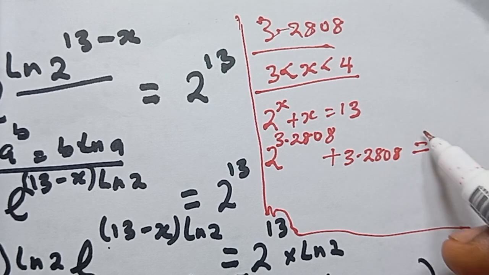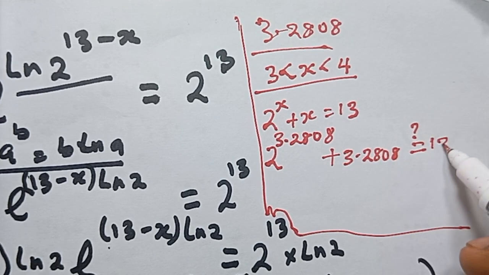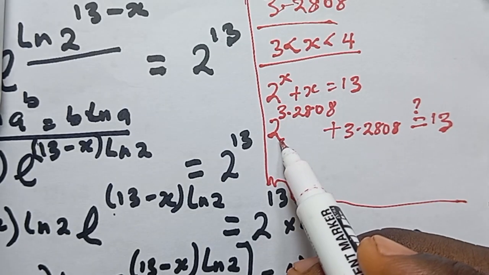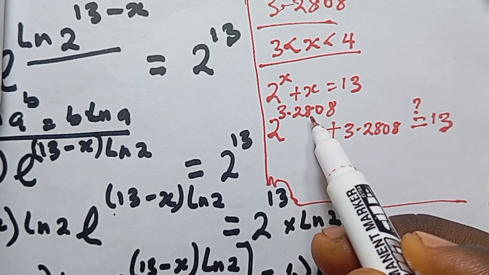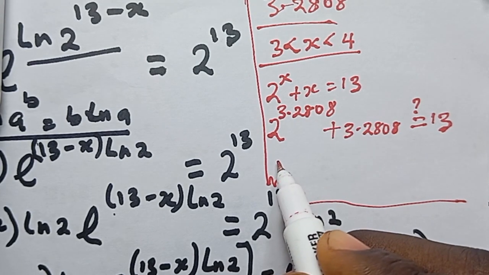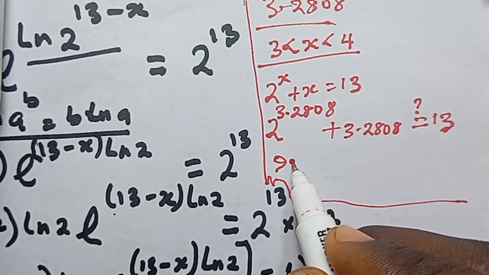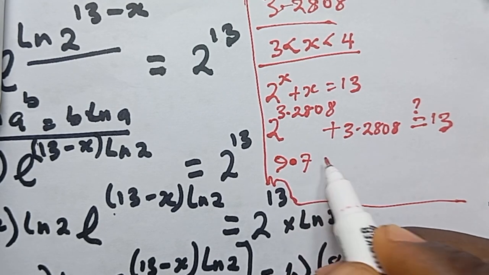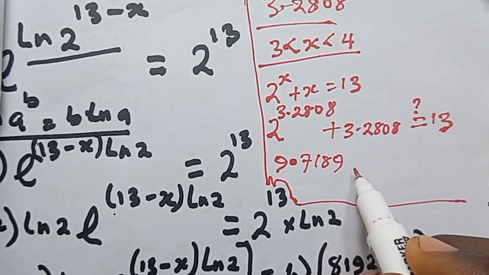What we want is to find out whether this will be equal to 13. 2 power 3.2808 will give you 9.7189.